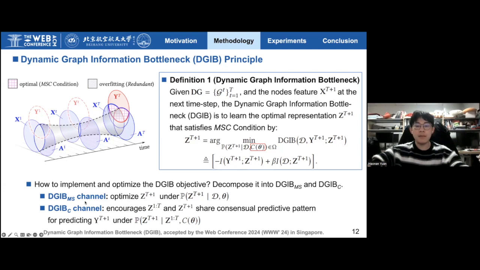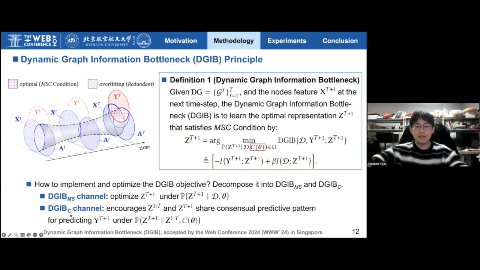So the DGIB MS channel optimizes the Z t+1 under the constraints of P conditioned by D and theta, and guarantees the learned Z satisfies the minimal and sufficient assumption.